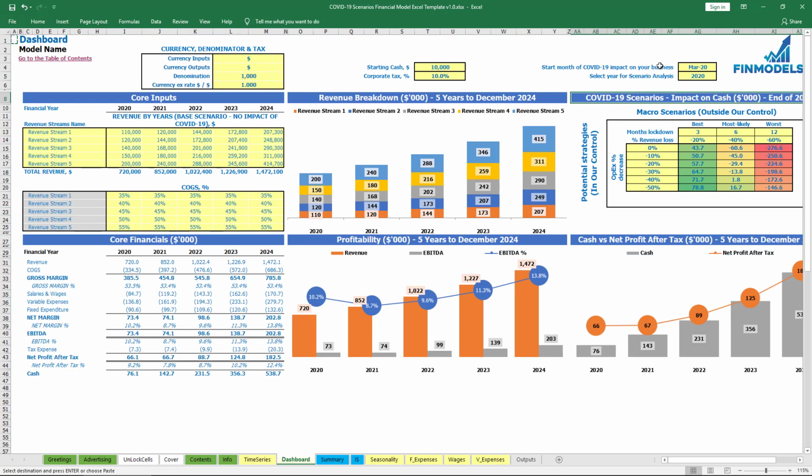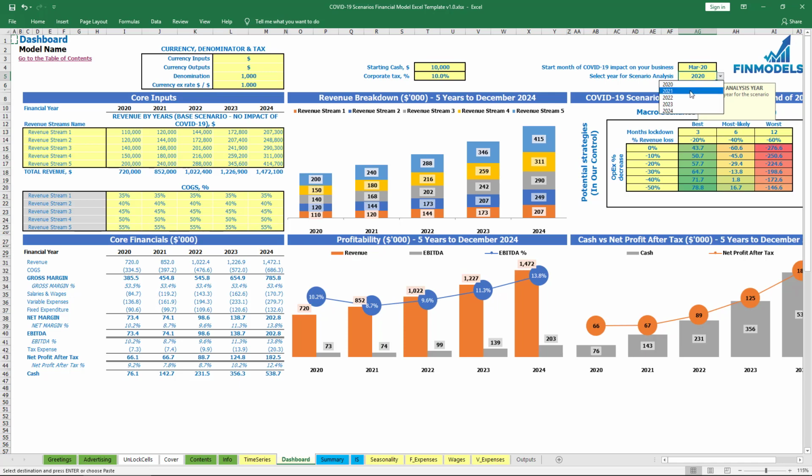By the way, these two options will help you, for example, if you think this will take more than, let's say, 12 months, and you would like to know the ending cash balance in 2021 and run scenario analysis related to 2021.